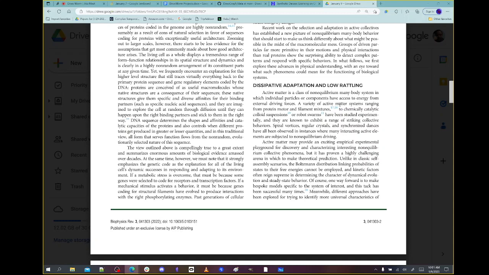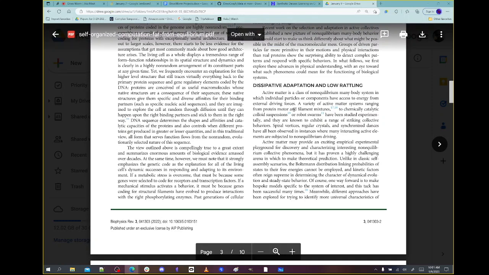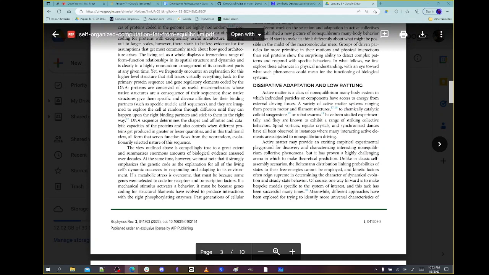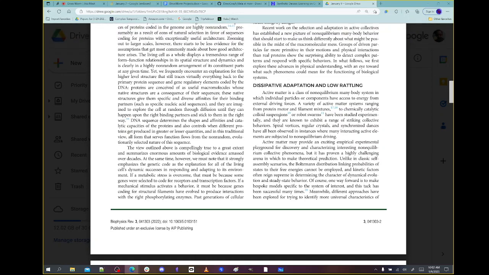A variety of active matter systems, ranging from protein motor and filament mixtures, which we've talked about as being part of that macromolecular milieu, to chemically catalytic colloid suspensions, which are different particulates in suspension. We've talked about things like the self-assembly of different particles, or different types of macromolecules, or robot swarms, have been studied experimentally.